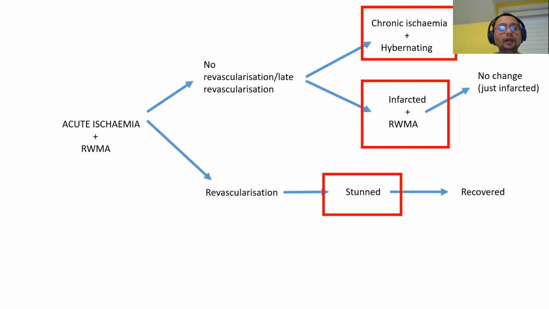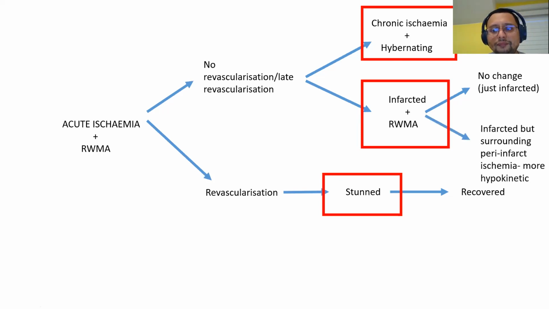Okay, however, if you start with hypokinetic, and when you give dobutamine, the hypokinetic becomes worse or the hypokinetic becomes akinetic. So what is this? This means the wall that you're looking at consists of an infarcted segment. However, at that peri-infarct area, there is a region that is also susceptible to ischemia.